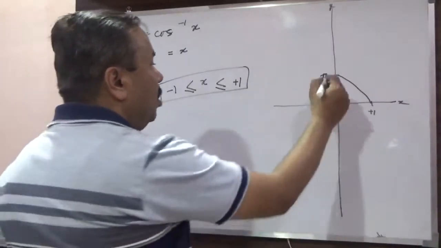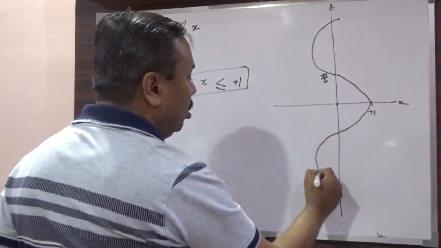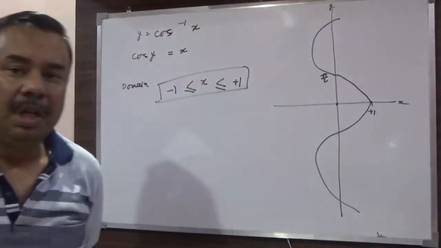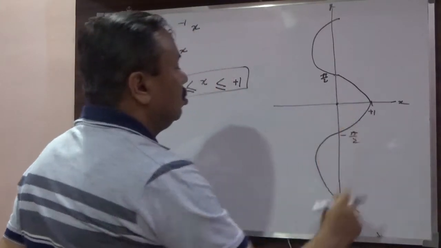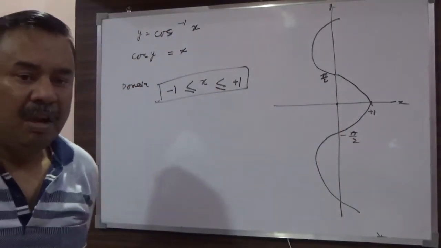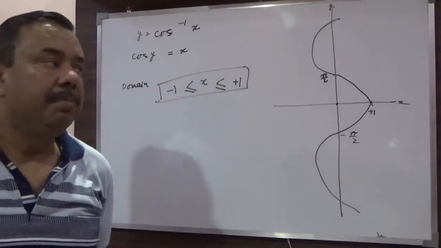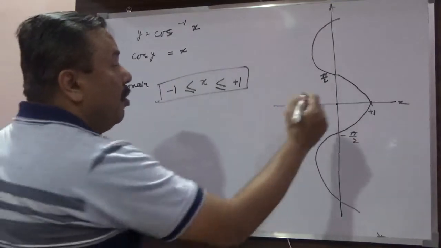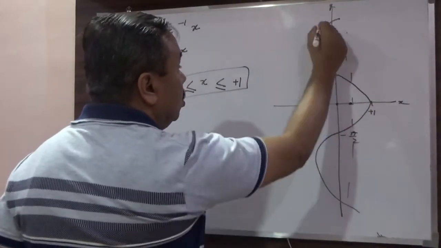Okay, so from there it will go on like this, and similarly it will keep on moving like this. This will be minus pi by 2. Okay, at 0 it can be pi by 2, it can be minus pi by 2. So in a similar way, for one particular value of x you are having so many values.